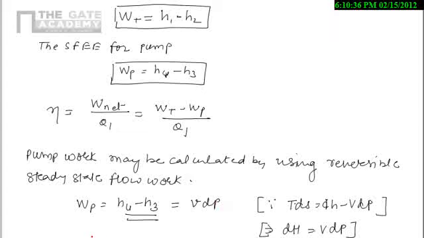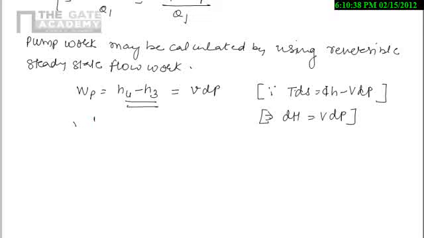So in that process, we can calculate this Wp, that is H4 minus H3, by V3 times (P1 minus P2).